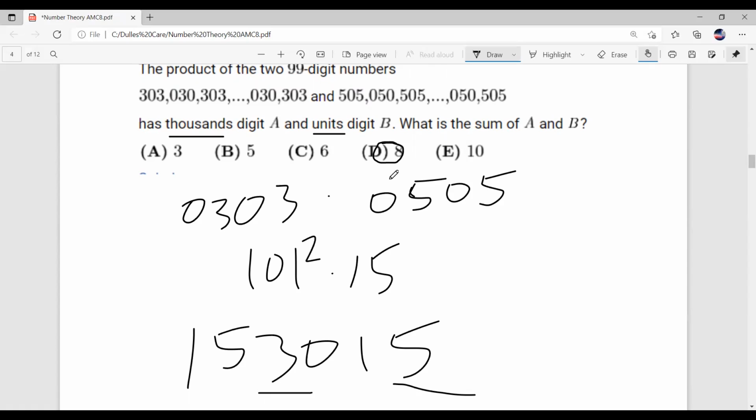How did you get 153,015? That's just the product of 303 times 505. The thousands digit is not 0. All right, so I can just prove this using a calculator, right? All right, wait, give me one moment.